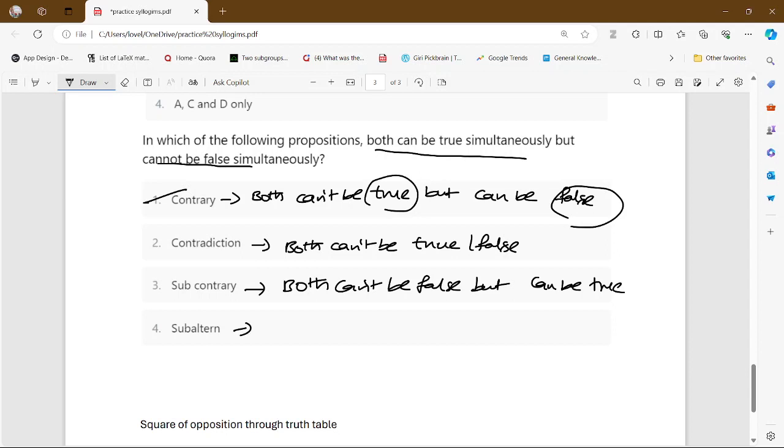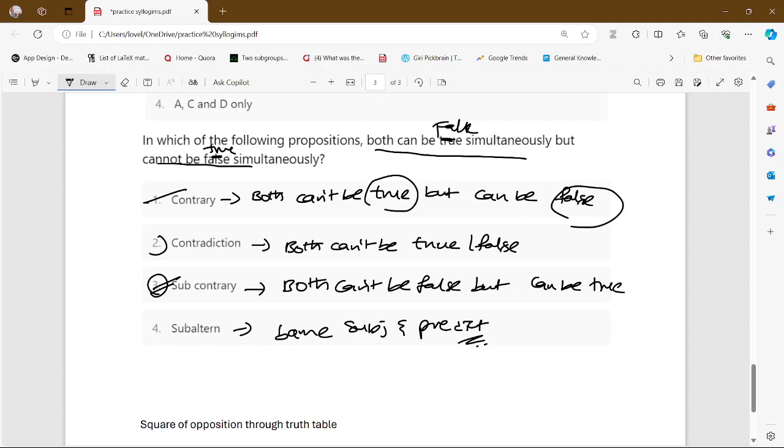And subcontrary means here it will have the same subject and predicate. If you remember these kind of statements, you can easily answer this. If instead of true they gave false, and instead of false they change it to true, then your answer will be 3, subcontrary, right?